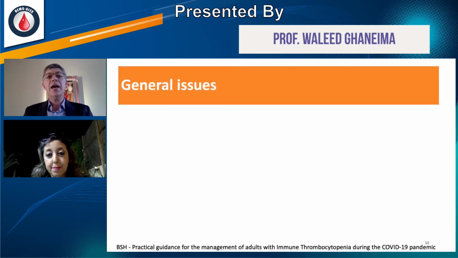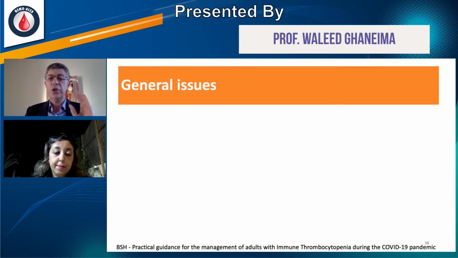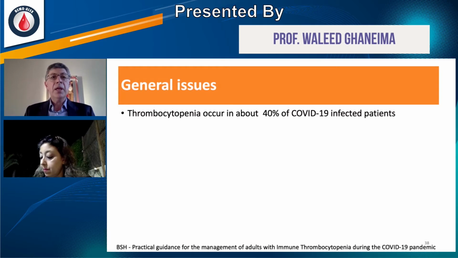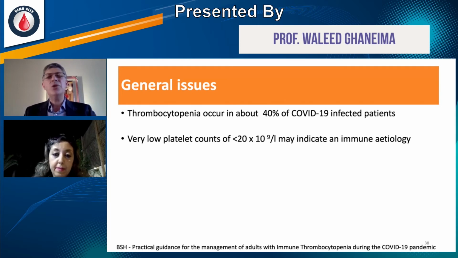This guidance is based on the British Society of Haematology, which you can find on their website. I tried to summarize it and made some changes. Generally, thrombocytopenia occurs in about 40% of COVID-19 patients, but usually not very low, in the 80s or 90s for the platelet count.